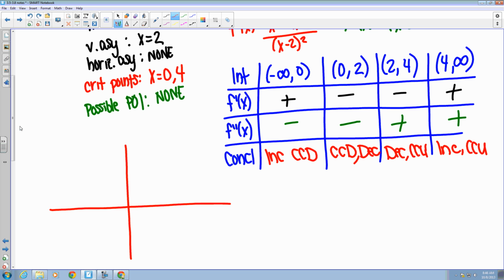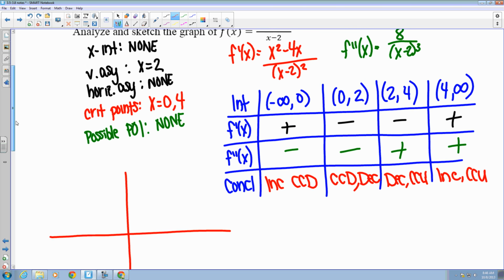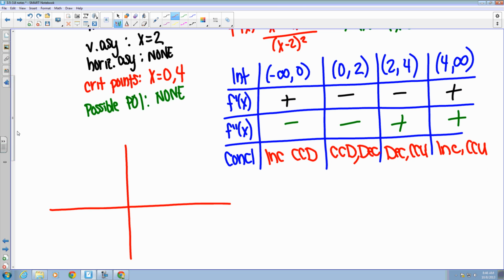Alright, we know we have 0. There's our 0. We don't have any vertical asymptote at 2. Let's just get some points on here. Alright. And do we have any extrema?